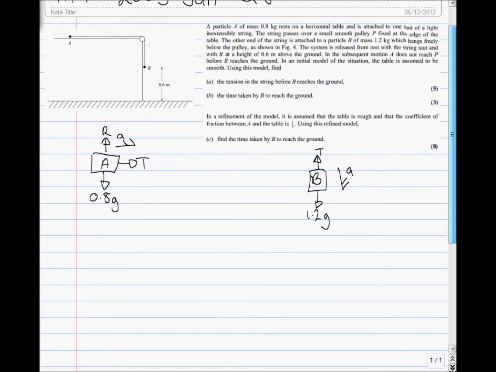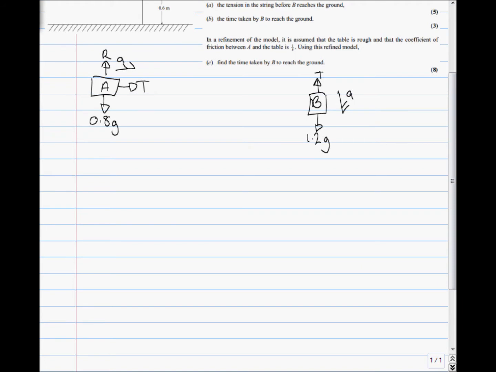Okay, so the first question says calculate the tension in the string before B reaches the ground. So I'm going to resolve A in the initial direction of motion. We know that it's moving, so the sum of the forces equals mass times acceleration. Now we only have one horizontal force acting, so we've got T equals 0.8 A, and I'm going to call this equation 1.